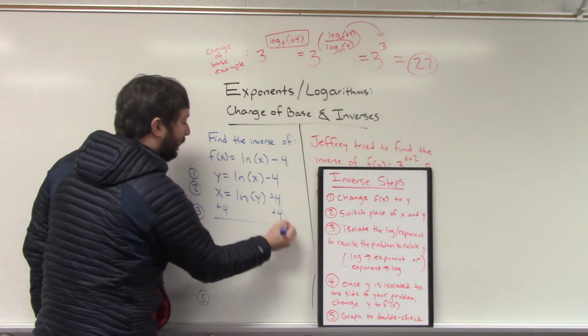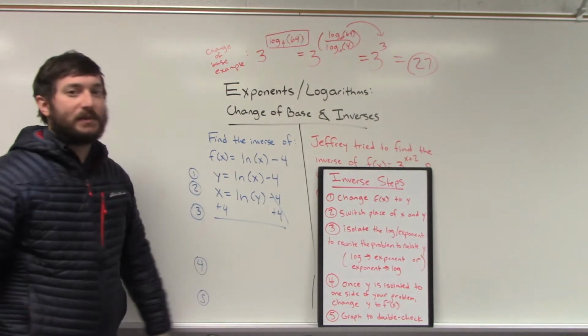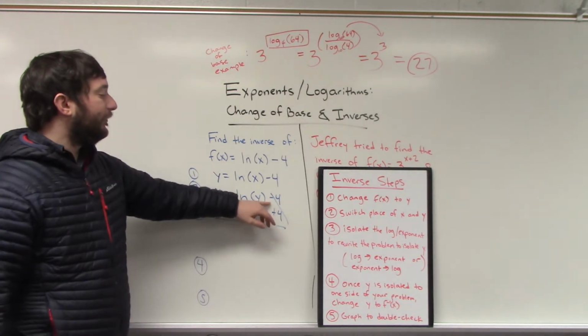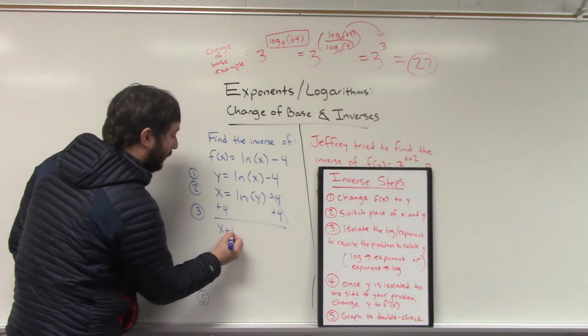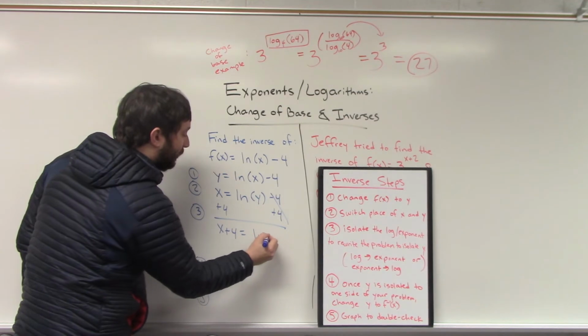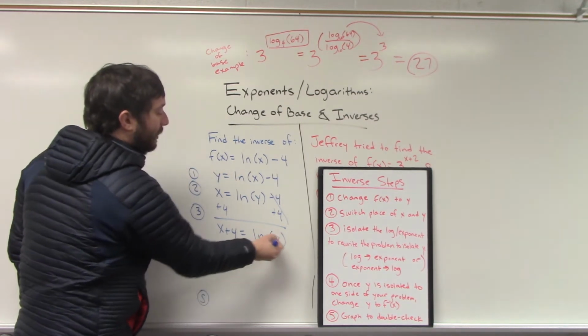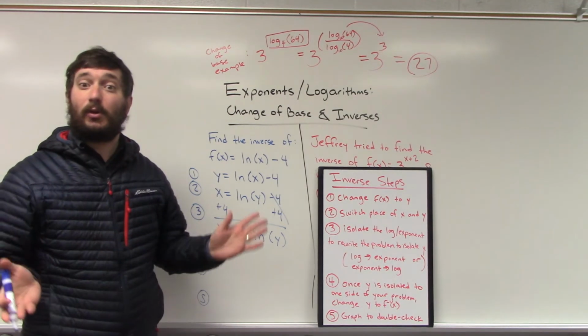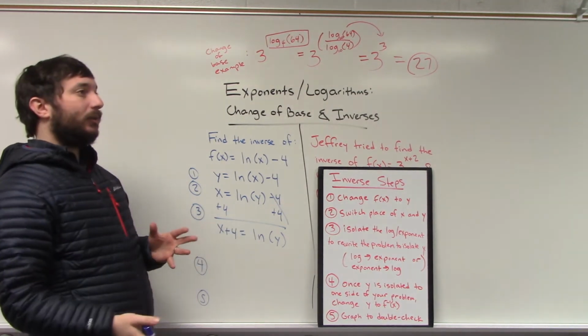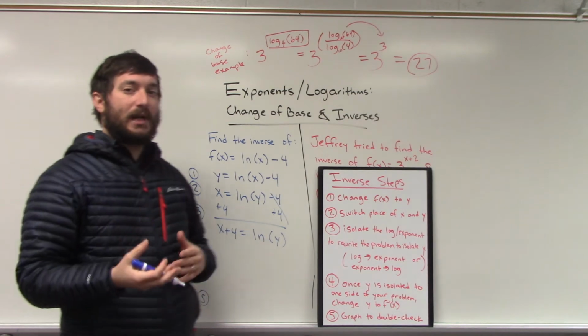Get rid of it from the right side of the equation. Opposite operations, opposite of negative 4, add 4 to both sides. Now you have x plus 4 equals your natural log of y. This logarithm is now isolated. It's by itself on the right-hand side of the equation. That's the goal, right?